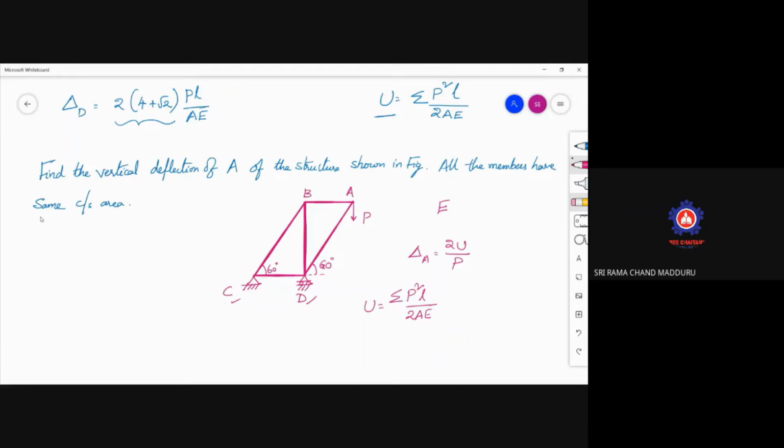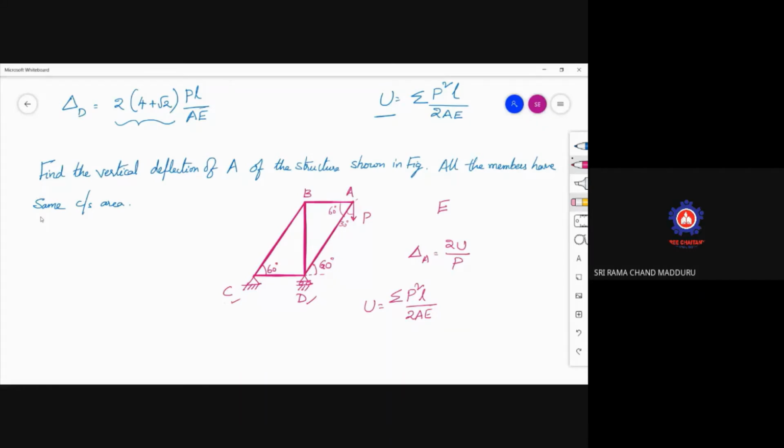If this is 60, this will also become 60, and this will become 30. So first take the free body diagram at A, then B, and C. The entire forces can be determined.